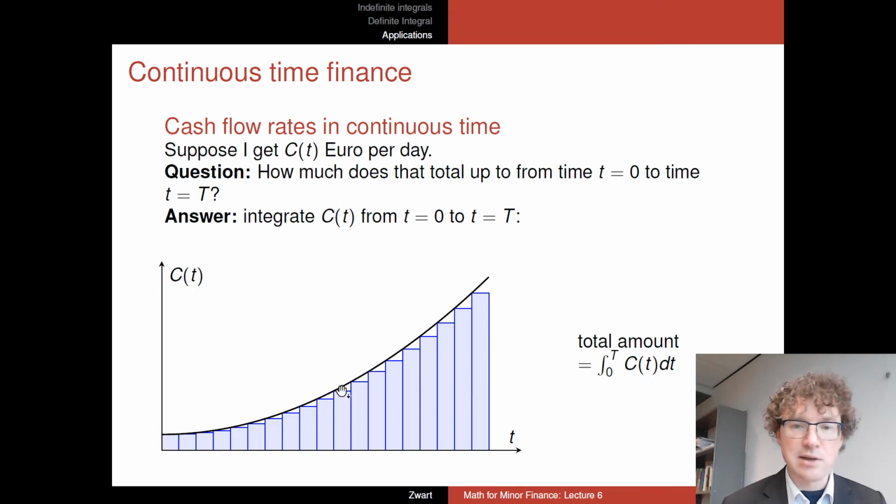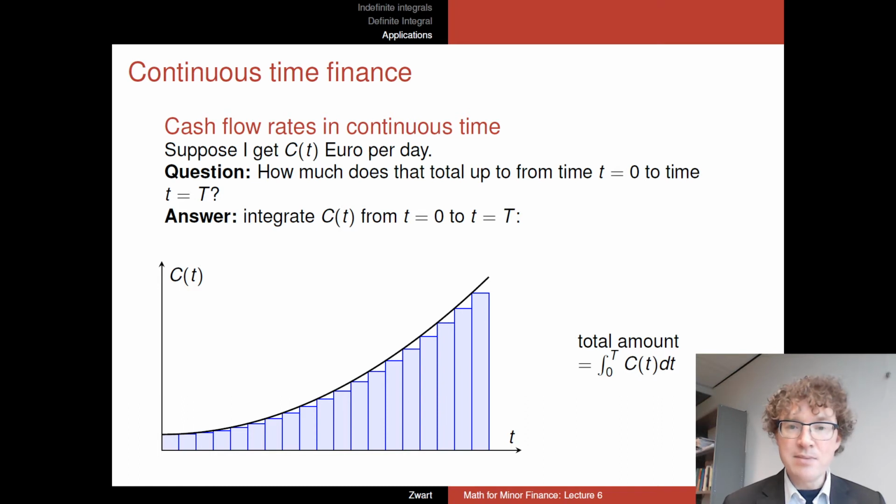I'm sort of missing out these little white triangles, but as these bars get smaller and smaller in size, second by second rather than day by day, these little white triangles that I'm overcounting are going to be vanishingly small. So the area below this graph is more or less the same as the sum of all these bars, particularly as the bars get very small in width.